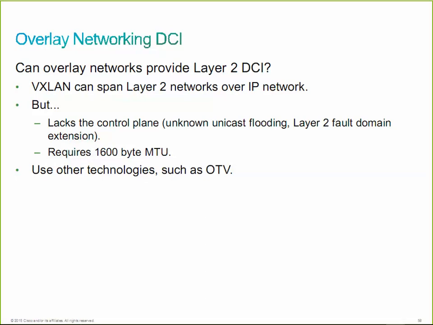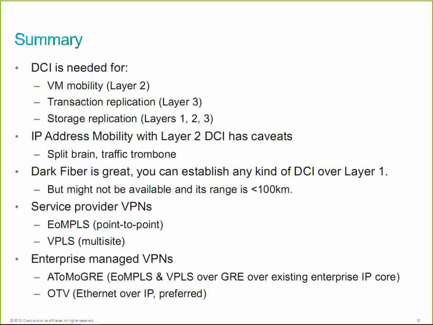You should look at OTV or dark fiber or some other option. Okay, just something to think about, because you think about VXLAN, you think, wow, that's a layer 2 extension across a layer 3 domain. That sounds like what DCI does, right? But there are obviously those limitations.